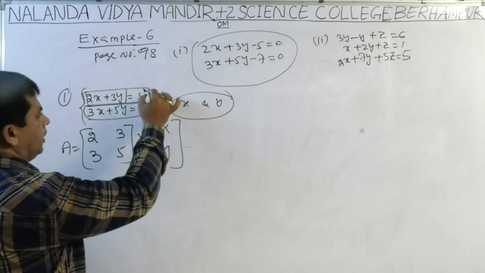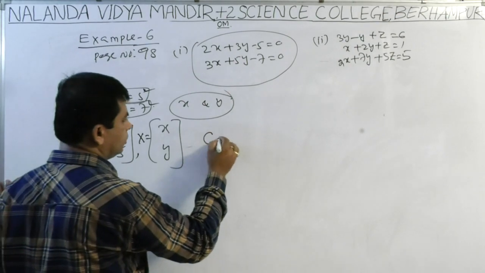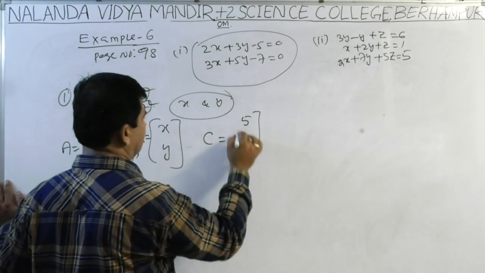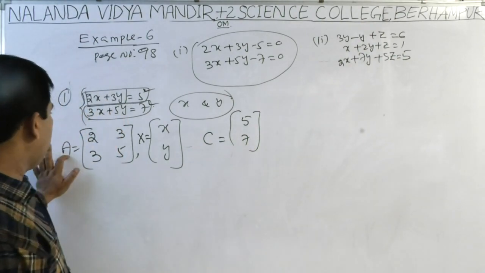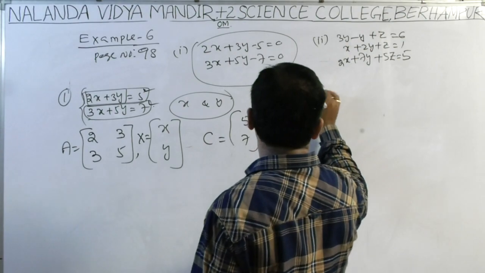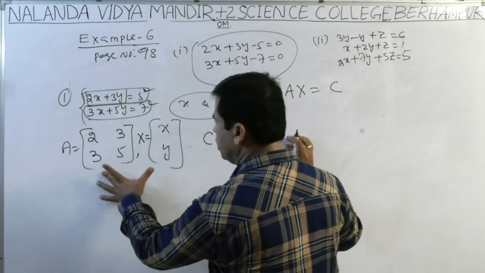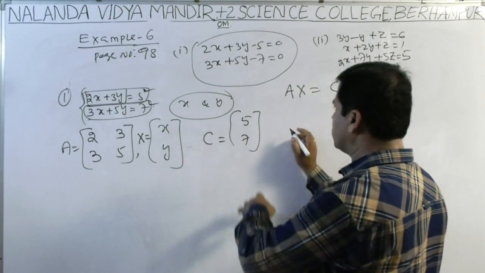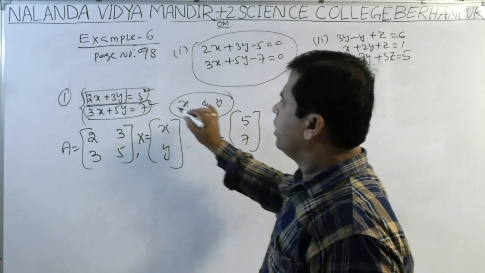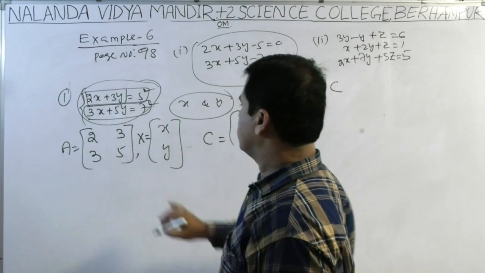The constants 5 and 7 form another matrix C, so we get C is equal to 5, 7. Then we write A into X is equal to C. If we multiply A with X, we get the C matrix. Then both are equal.